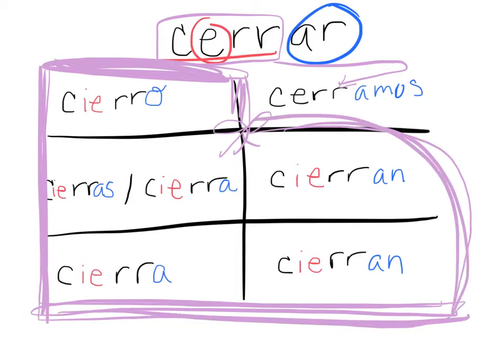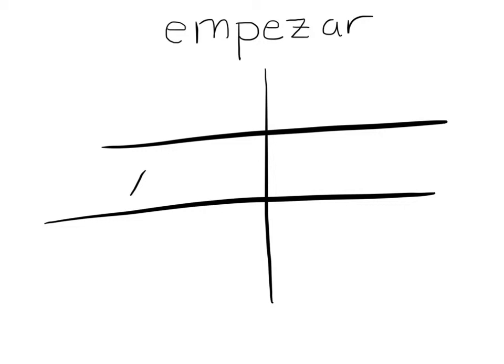So let's take a look at another one of our stem-changing verbs. We have the verb empezar, which remember is also an e to ie stem-changing verb. So we need to take the e and turn it into an ie. We have a little bit of a problem here, if you can see it. There's two e's, so we have to decide which one is going to stem change. So in the case, whenever you have this, where there are two of the e's, or whatever letter it is you're changing, the second one is going to be the one to change.